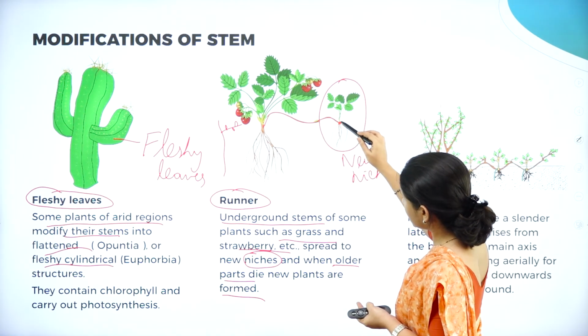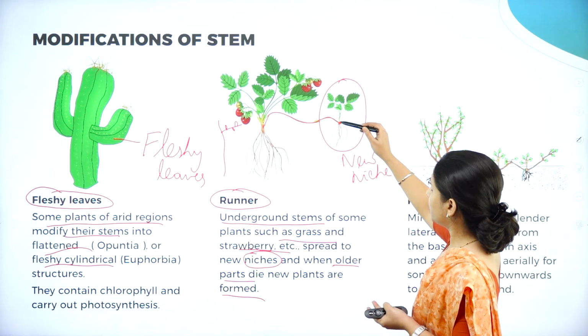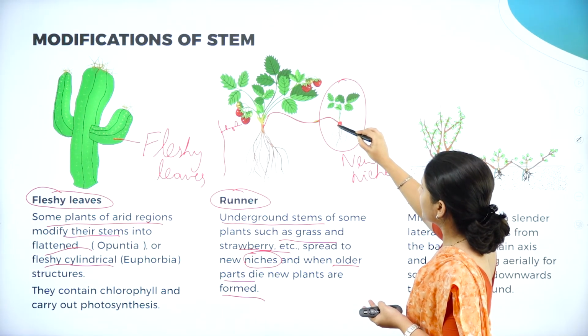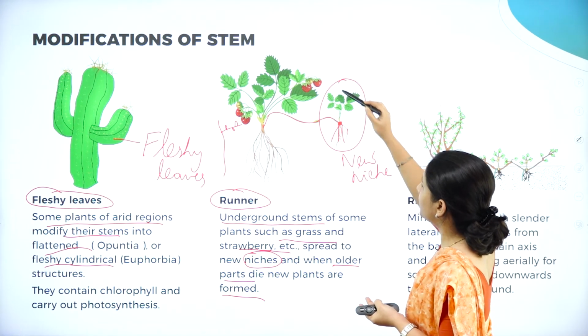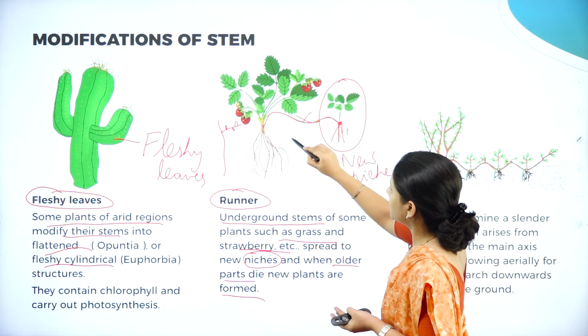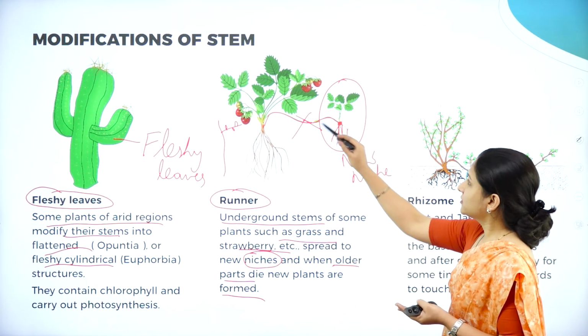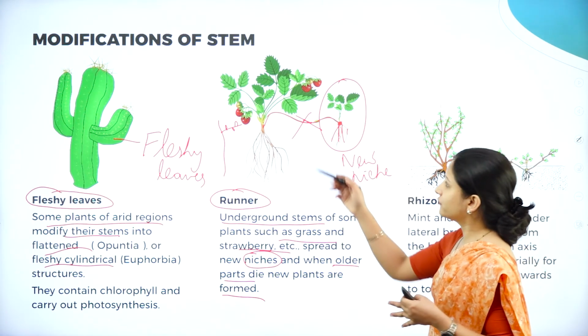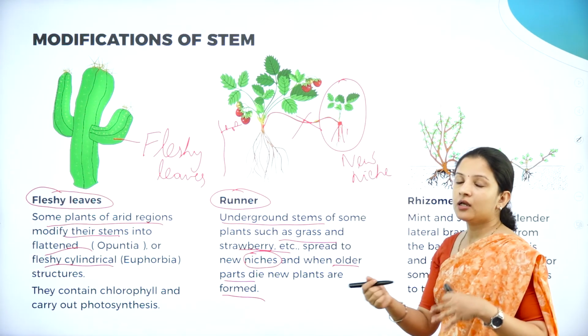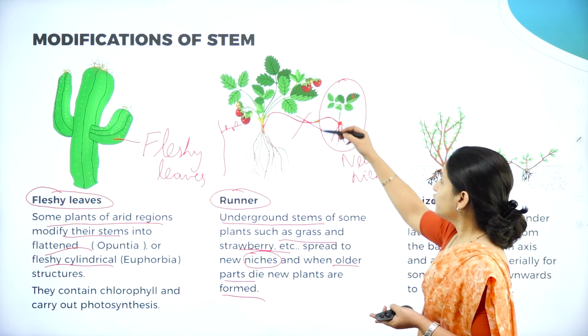So they will spread, and whenever this extra stem portion touches new soil, from there the roots will develop and a new plant will arise. And once a new plant arises, this will just disintegrate or die, and this will form a separate plant now. So from this plant, without any sexual reproduction or fertilization, the new plant has developed.